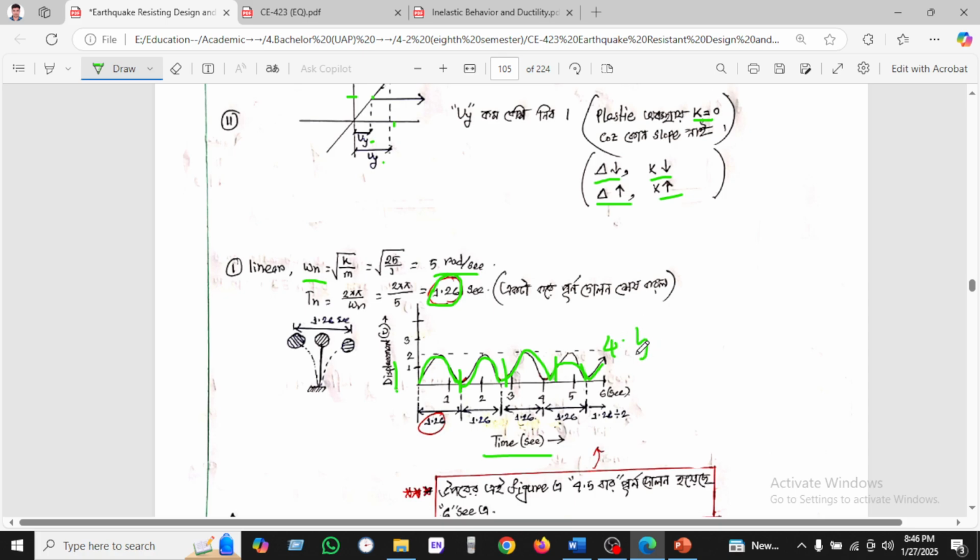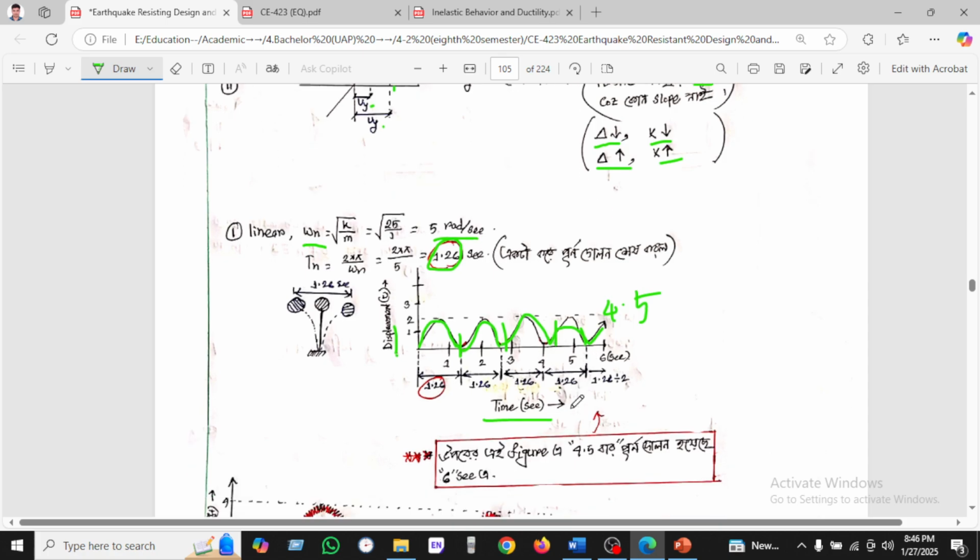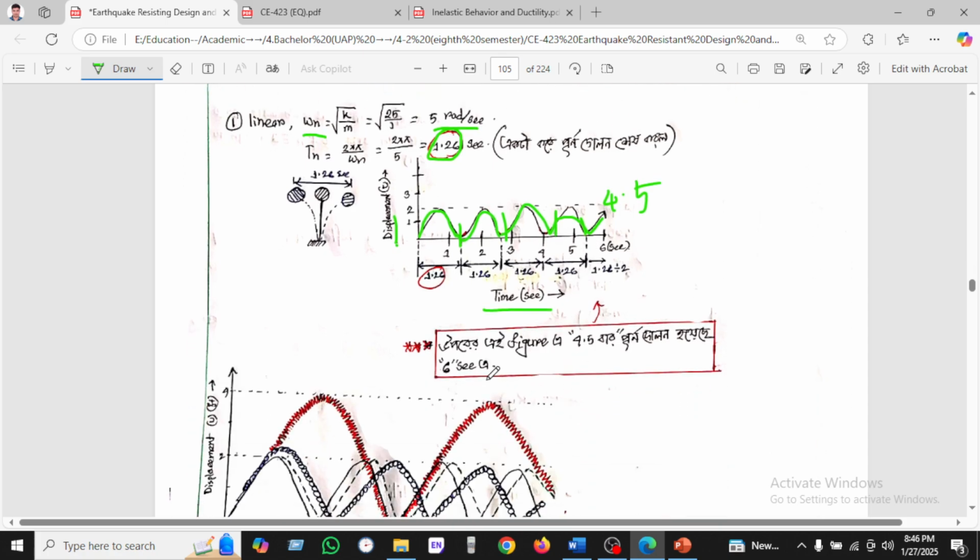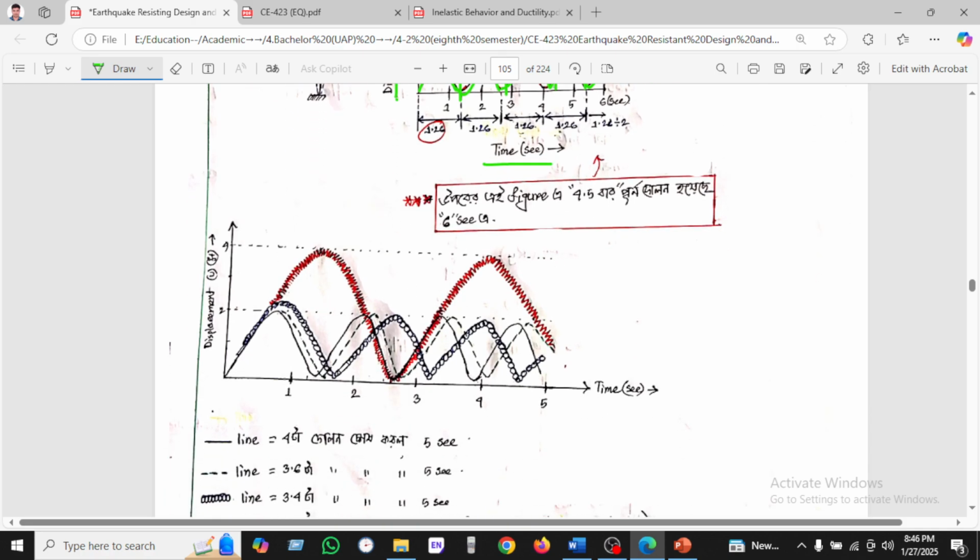So 4.5 cycles are completed within 6 seconds.